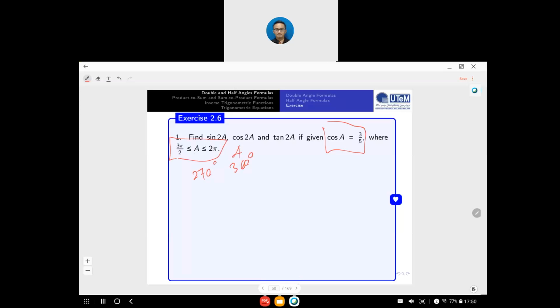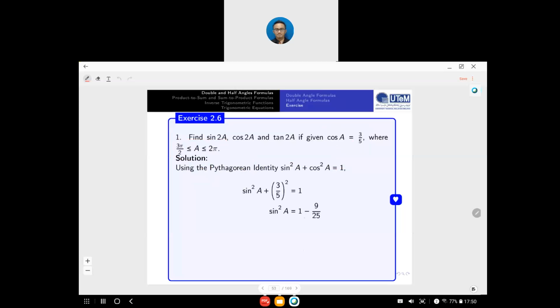So first we need to identify what is sine A and tangent A. Okay, because we have cos A. So by using a Pythagorean identity, we know that sine square A plus cos square A equal to 1. So we just substitute here. So we can get sine A. Okay. So sine square A equal to 1 minus 9 over 25.